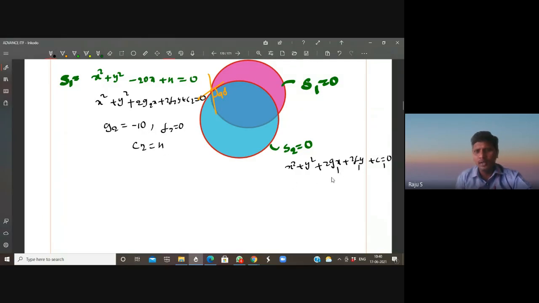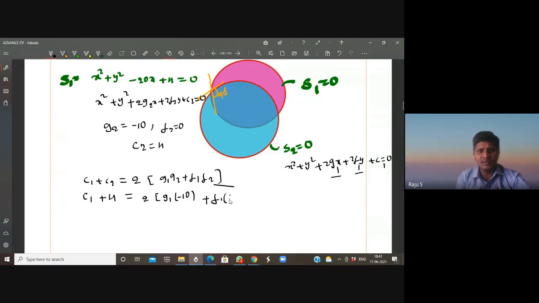Okay, we got g1, f1. For orthogonal circles we know that c1 plus c2 is equal to 2 times of g1 g2 plus f1 f2. c1 is as it is, c2 value is 4, is equal to 2 times of g1 into g2 value minus 10, plus f1 into f2 value 0.